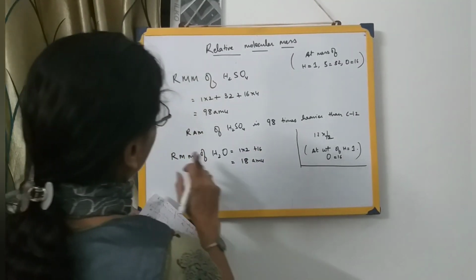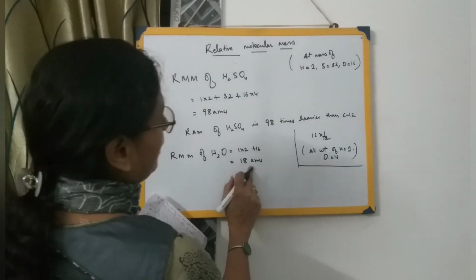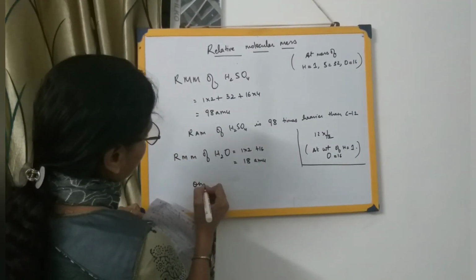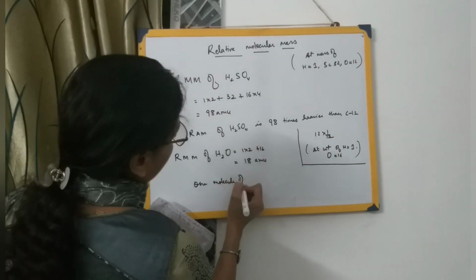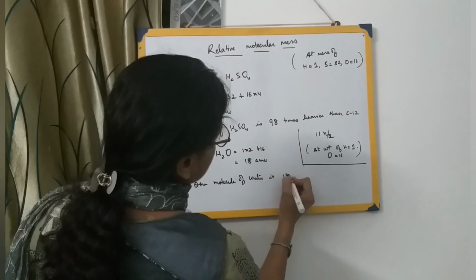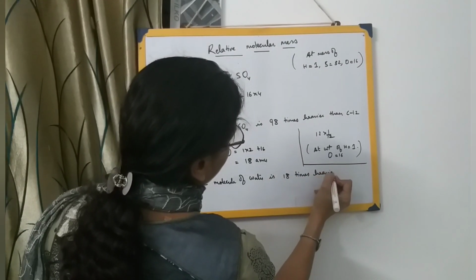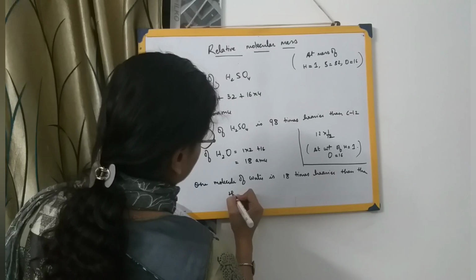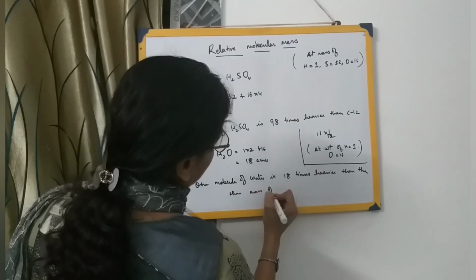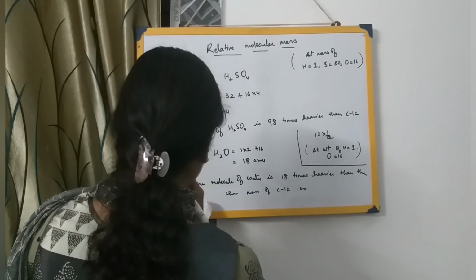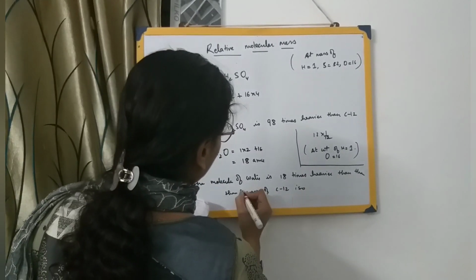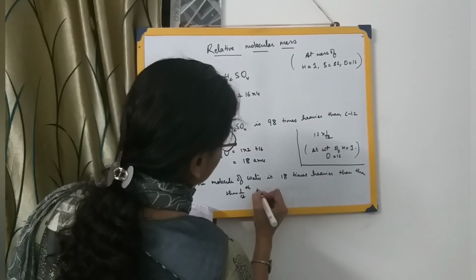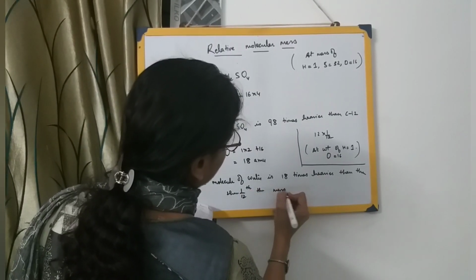So it means that one molecule of water is 18 times heavier than 1 by 12th the mass of carbon 12.